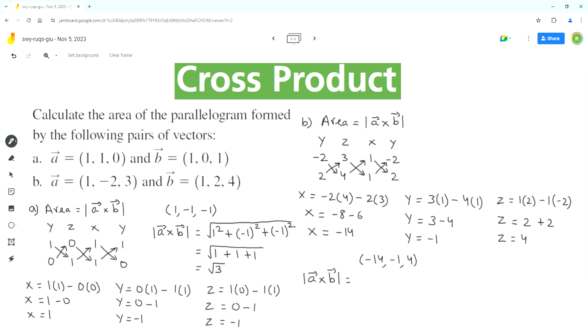So for that, we should square the components of this vector, add them, and apply square root to the sum. -14 squared is equal to 196.